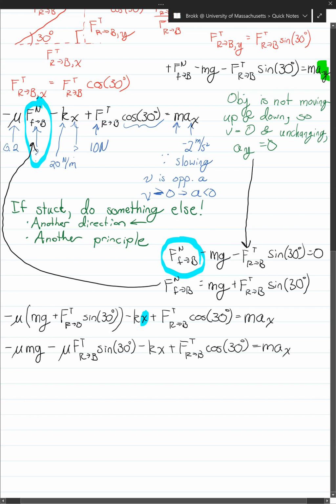And now I'll start shuttling terms around.